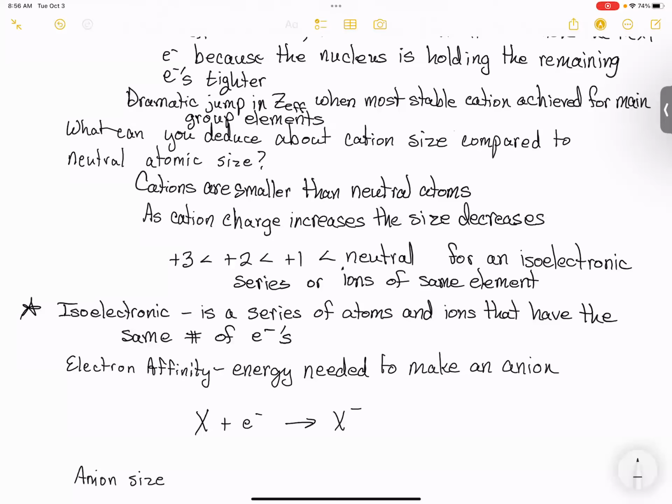Ionization energy is directly related to the atomic size. The bigger the atom, the lower the ionization energy. And that is simply because the bigger the atom, the less impact that nucleus is going to have on that outer electron.